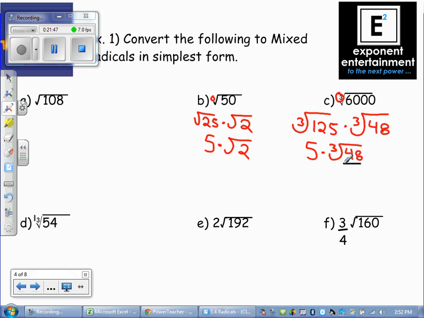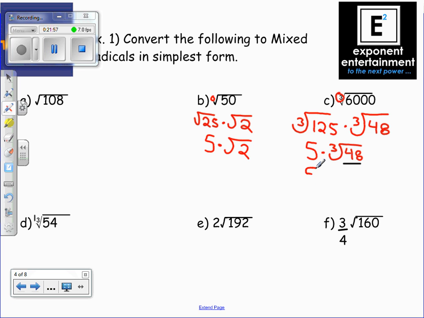So if we left it like this, 5 times, and we said that 8 works. So the cube root of 8, what's our remainder? If we do 48 divided by 8, what do we have under here? 6.